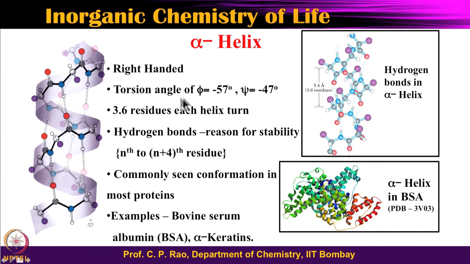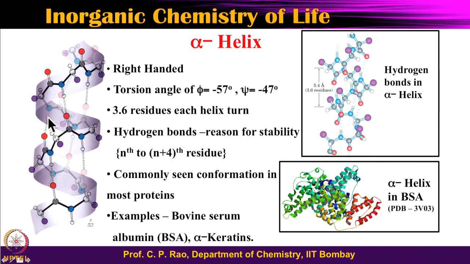If you do such a twist or torsion, then you will get this bend, and those angles are given over here. One angle is C C alpha, the other angle is N C alpha. These are the two angles that you get, because these two bonds are single bonds. Single bonds will have a rotation, and because of these rotations, this kind of structure forms.